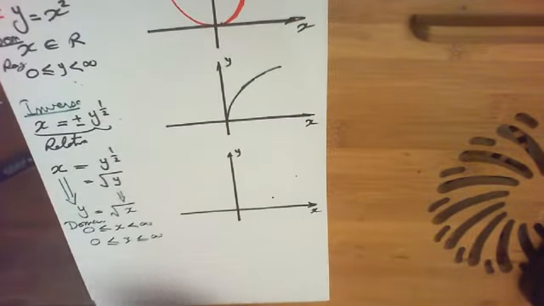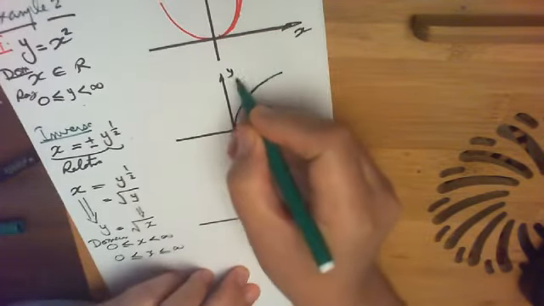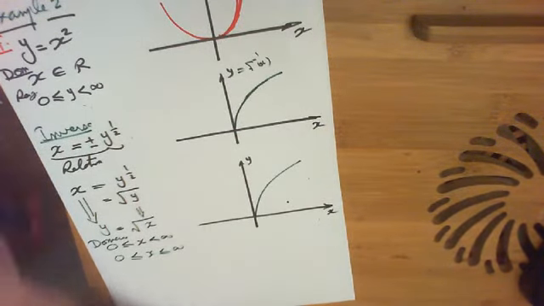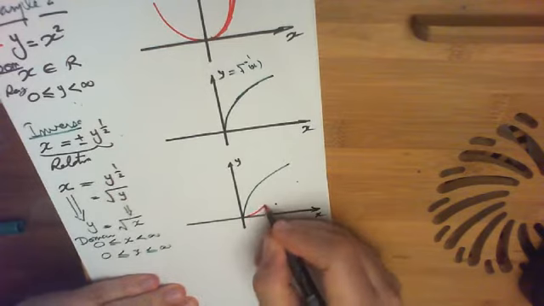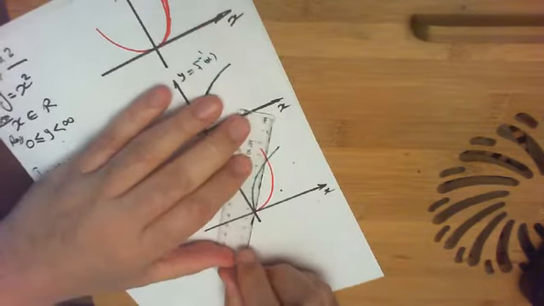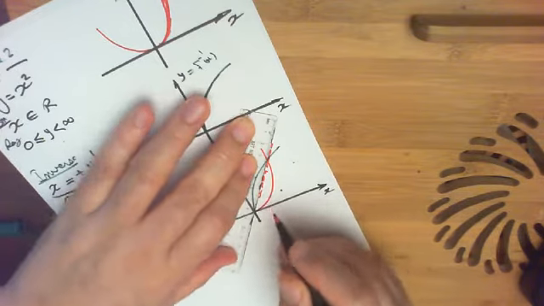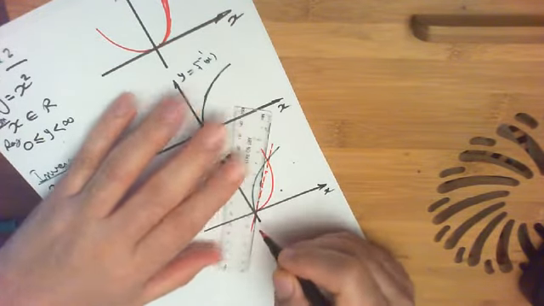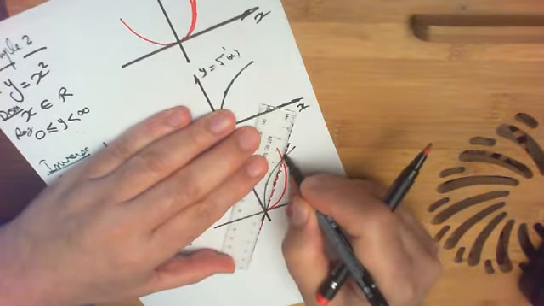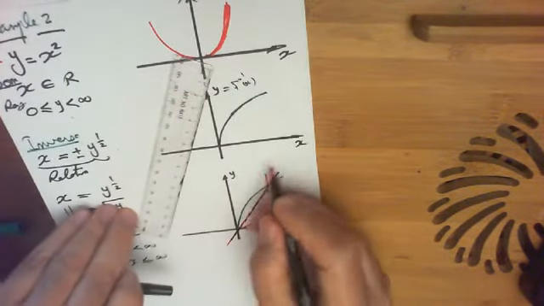On the same axes, this is the inverse, y equals f minus 1 of x, and this is the original function. Again, if we draw the line y equals x, it will be a plane mirror relative to the original function.